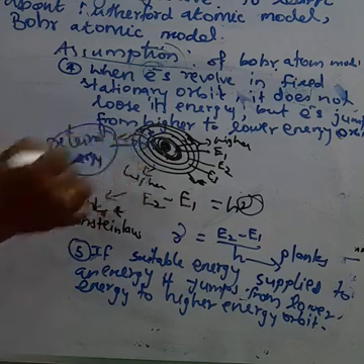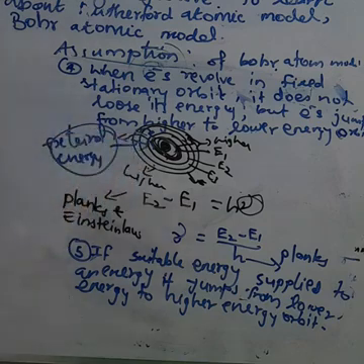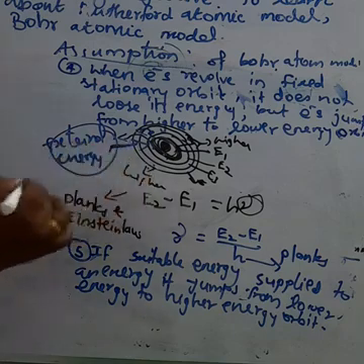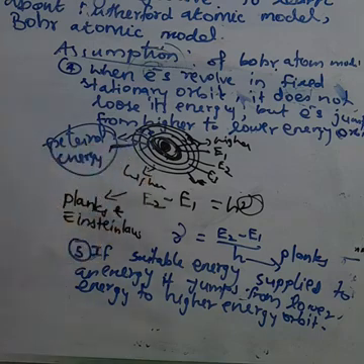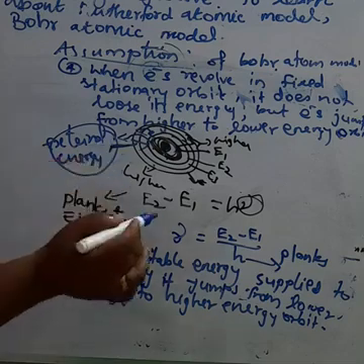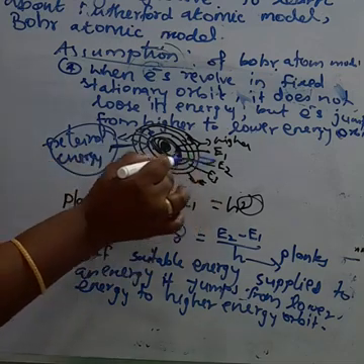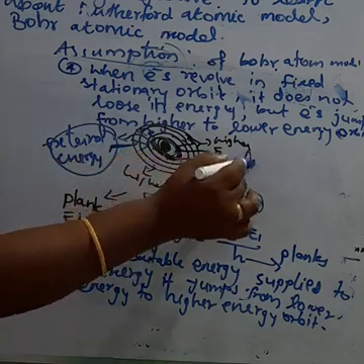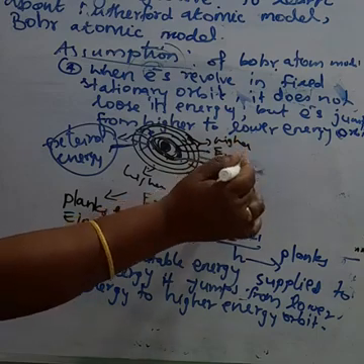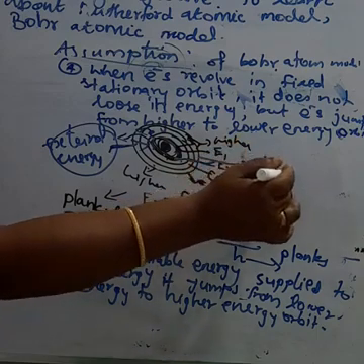So when electrons want to move from lower energy to higher energy, they need energy. But when an electron jumps from higher to lower, it releases so much energy. That is called radiation. Okay, understand?